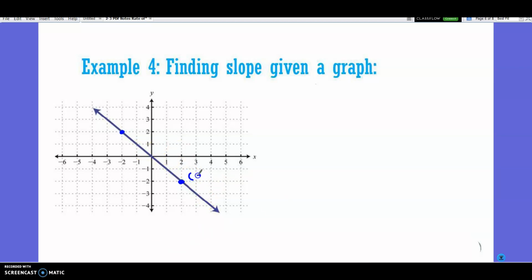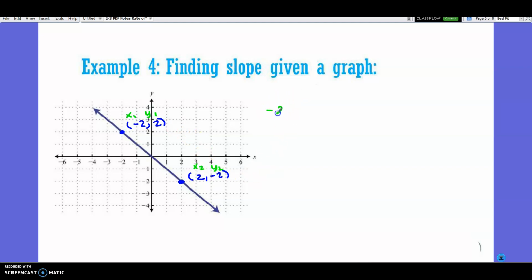So this point is at 2, -2. This point is at -2, +2. And remember, it's x first and then y. So we can label this as x1, y1, and x2, y2.